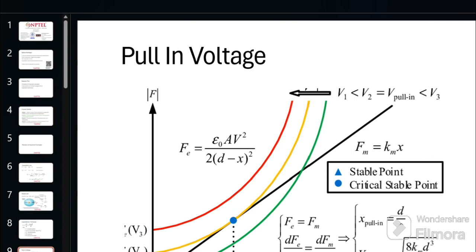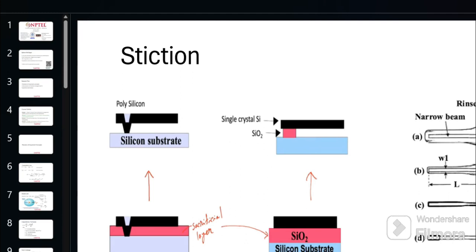And the last concept discussed this week was stiction, a very important concept. Whenever you do MEMS, you will have to do fabrication on a silicon substrate. To make a freestanding surface, you will have to develop a sacrificial layer.